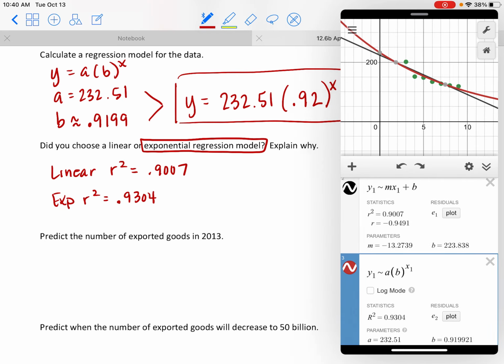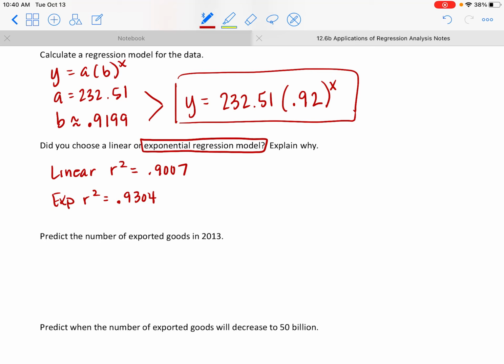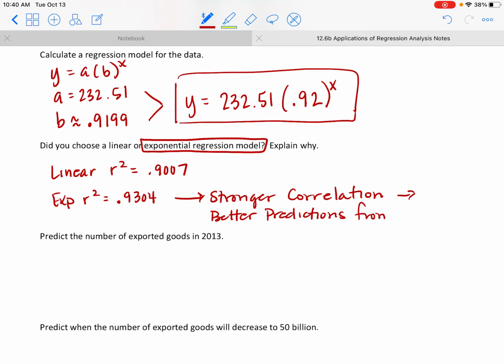And again, that is a stronger correlation. So the model would make better predictions. Better, more accurate, more reliable predictions from the model. Okay. Now that we know we're going to get better predictions, let's make some.